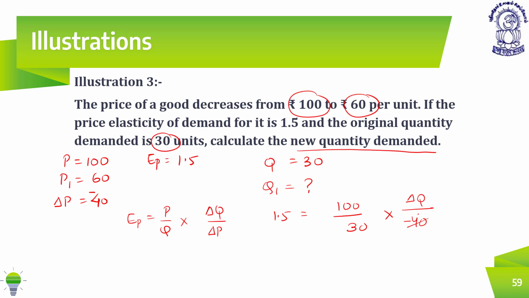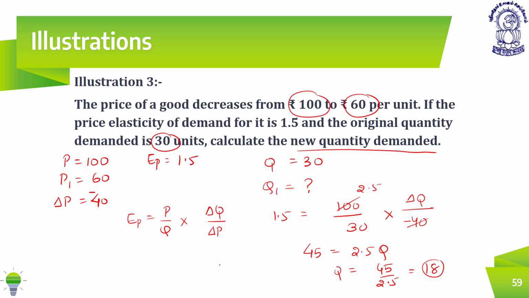If you try to solve it, this 40 and 100, this is 2.5. 30 multiplied by 1.5 is 45. So 45 equals 2.5 Q. So Q equals 45 by 2.5 equals 18.